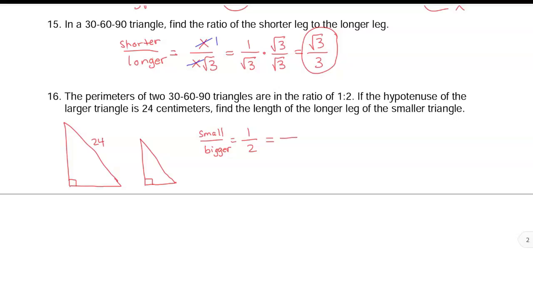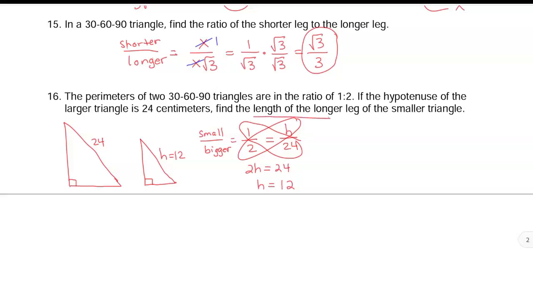And we know the hypotenuse of the bigger triangle is 24. So put that on the bottom of a proportion. We are about to find out the hypotenuse of the little triangle by doing this. I'm going to use the letter H to stand for hypotenuse. So when I cross multiply, I'll get 2h equals 24. So the hypotenuse of the smaller triangle is 12. So put a 12 there.